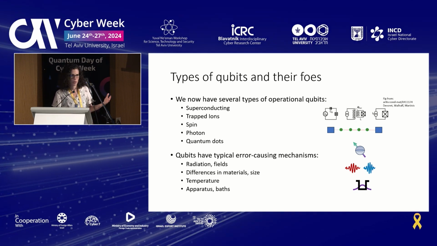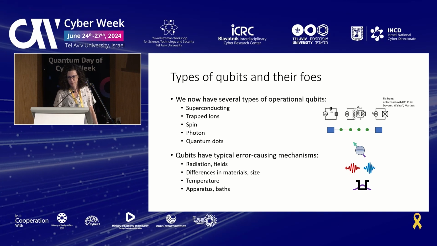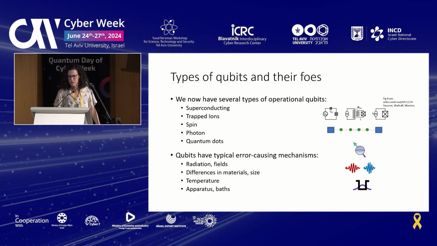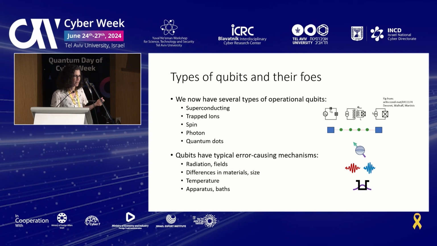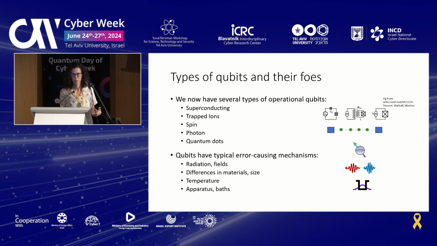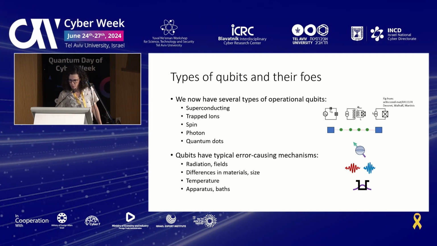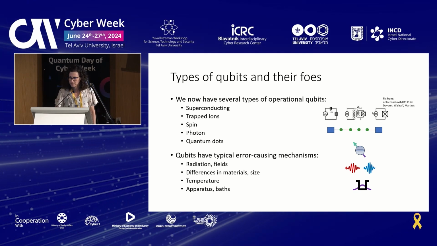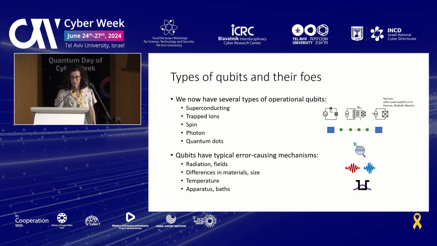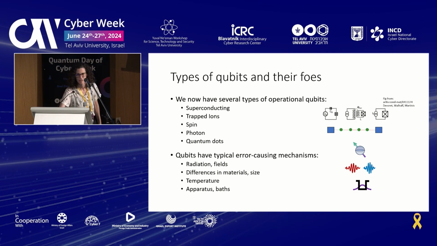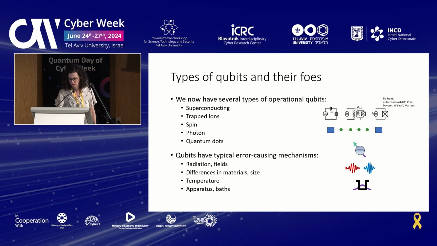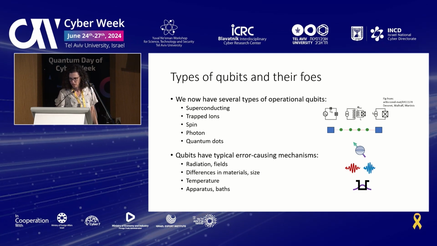Depending on the physical object, it can be radiation, external fields, magnetic fields, electric fields. It can be differences in the materials, how we fabricate it. Fabrication is never uniform. It can be differences in size. Temperature is a main object that destroys our ability to have perfect control. Doesn't matter which system it is, temperature is generally an obstacle.